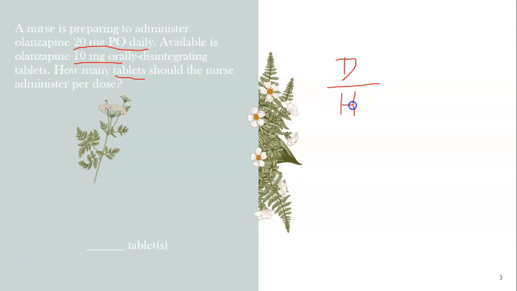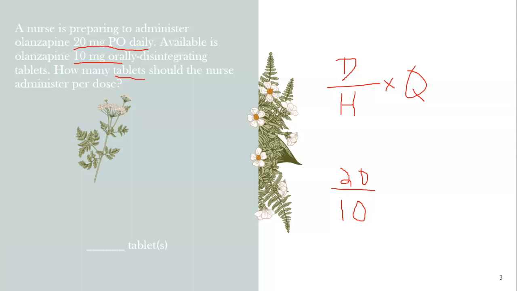And if I need the quantity, I can. But I don't need quantity in tablets because they are just what they are. So I put my desired. What did the doctor order?